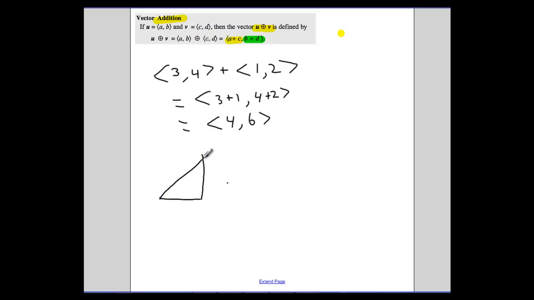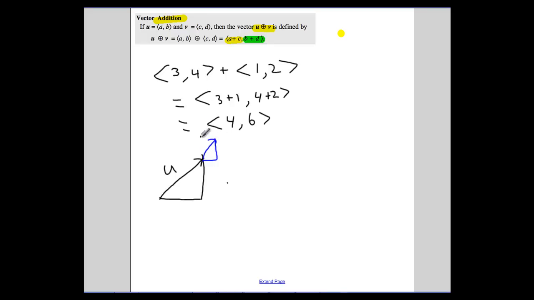So here's my vector u. And then on top of that vector, I'm going to draw, so tip to tail, that's something you've probably heard before. From the end of that vector, I'm going to draw my new vector, which is length 1 over, up 2. So that looks like this.